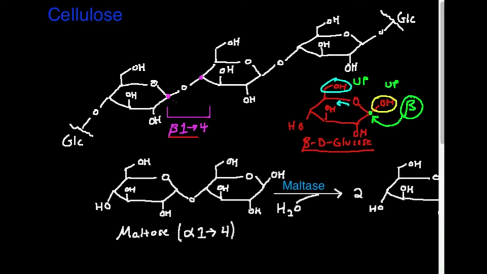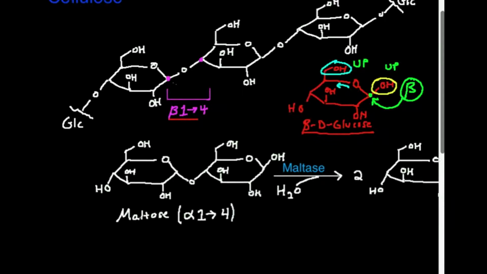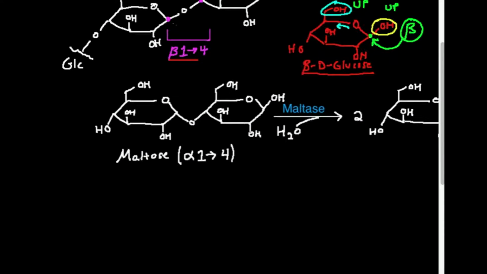And in fact, to polymerize these glucose molecules into cellulose, this has to be in the beta configuration. It cannot be alpha. It turns out that there are other cases, and I'll go ahead and draw it down here, where the glucose, when you combine it with another sugar, you actually want it to be in the alpha configuration. So let's talk about that and maybe some implications of that.